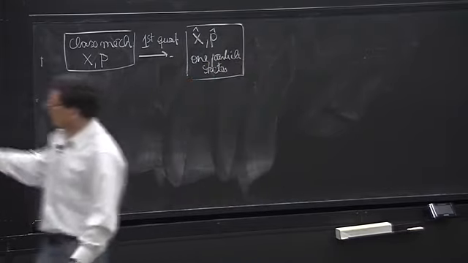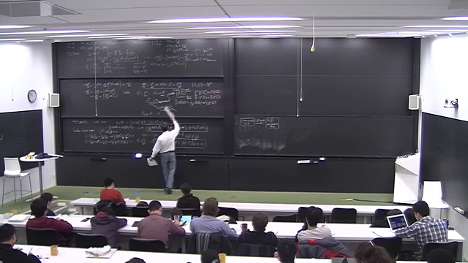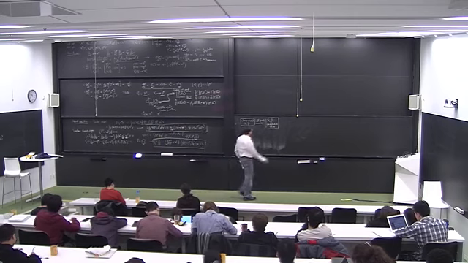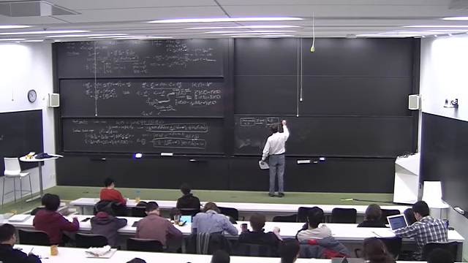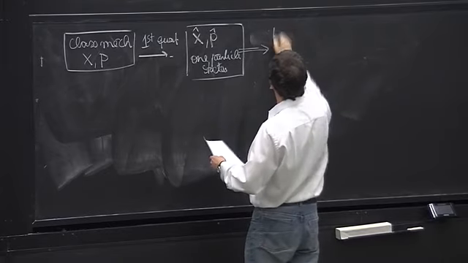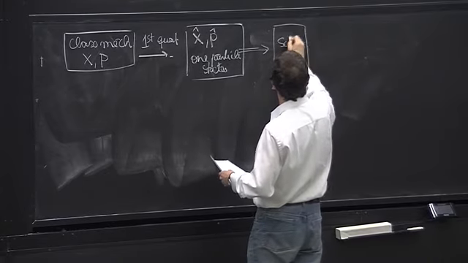That's what we got here, only the one particle states. Then you say, look, let me get the Schrödinger equation. So from here, I get the Schrödinger equation.